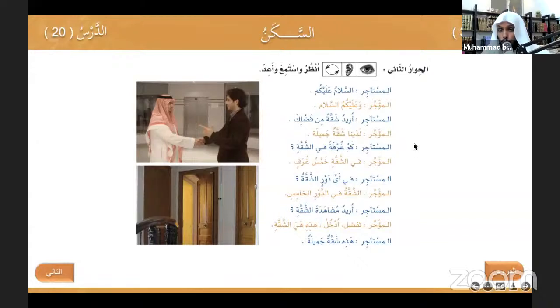في الشقة 5 غرف. So in the apartment there are 5 rooms. Okay. So again, we've already learned about the numbers. However, here we have the first time in this book we're seeing a word that is plural. غرف is plural for غرفة.